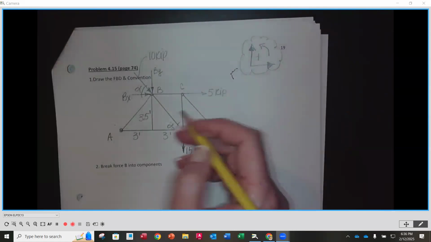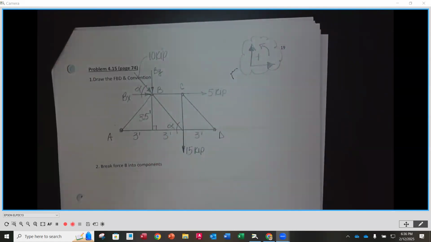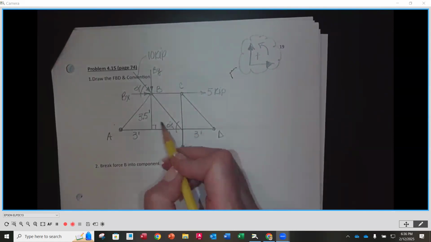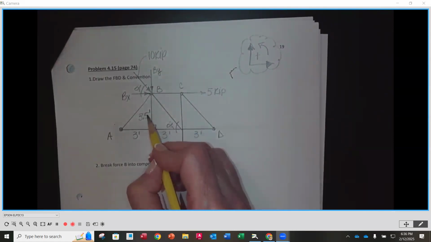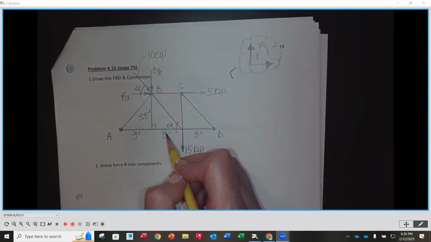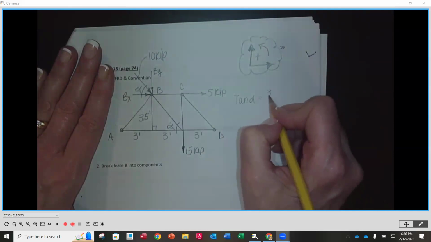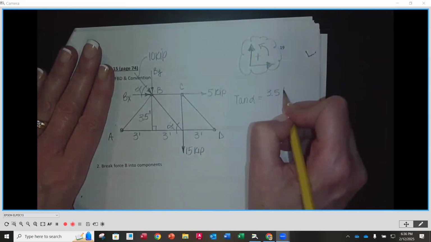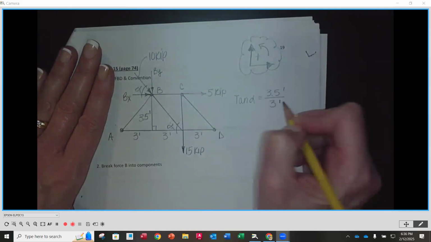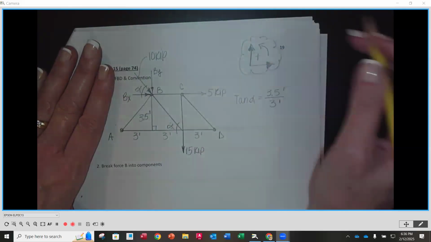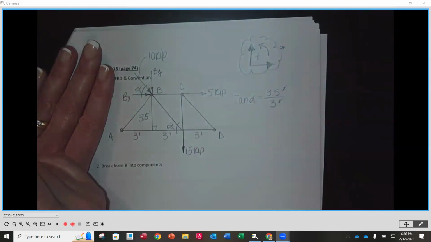Now, as we look at the location of alpha, you're going to notice that the side opposite is 3.5 and the side adjacent is 3. So we can say that tan alpha is equal to 3.5 feet divided by 3 feet. The units cancel, which makes sense.